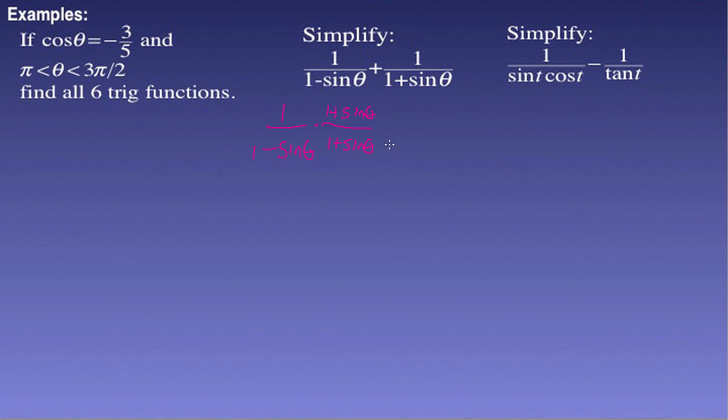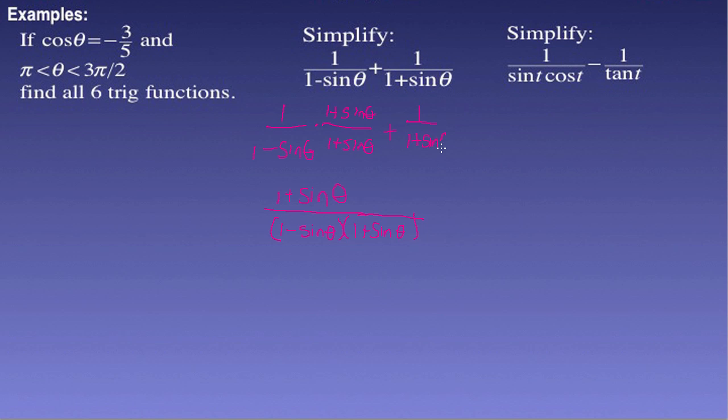If I do that, I have 1 plus sine theta in the top, and then 1 minus sine theta times 1 plus sine theta in the bottom. So I have my common denominator in the bottom. Now I need to repeat that same exact process for the second fraction. I have 1 over 1 plus sine theta.